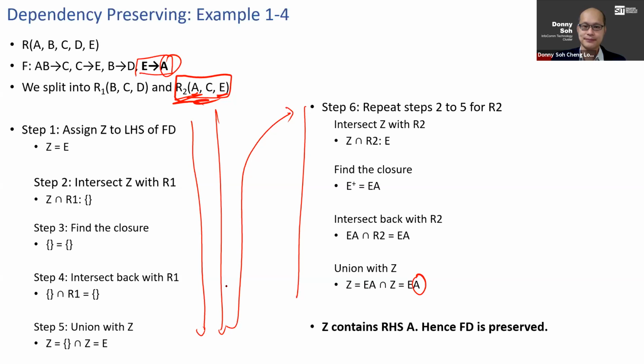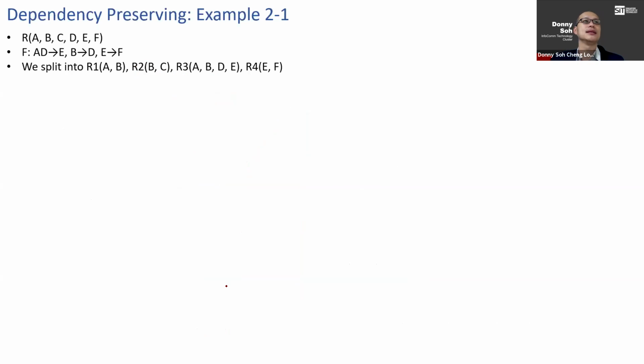Okay, let's look at this example. Let's find if the FDs are preserved or not. If we look at this, we can immediately see that there are a few shortcuts that we can do. So this one, very quickly, is this preserved?